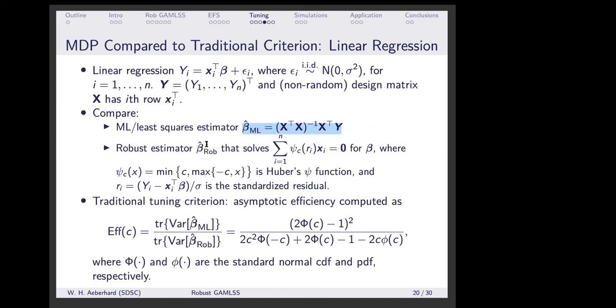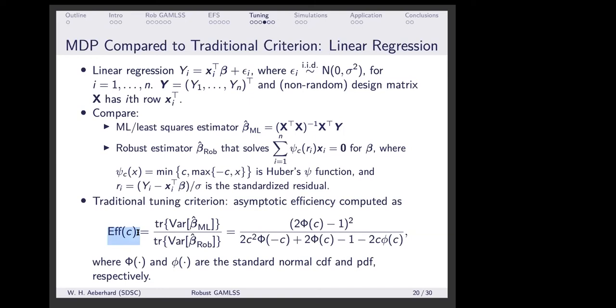And as a robust estimator here, I'm using probably the simplest robust estimator there is, which is the so-called Huber estimator, where you basically bound your residual by the Huber psi function and solve these estimating equations for beta.